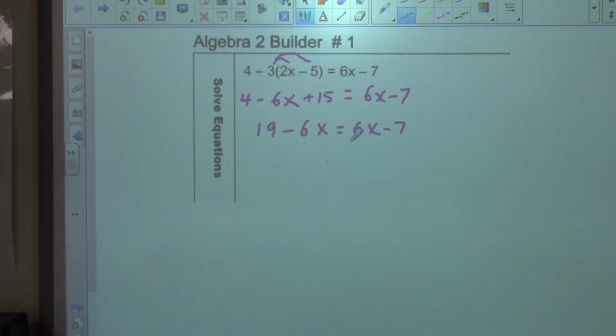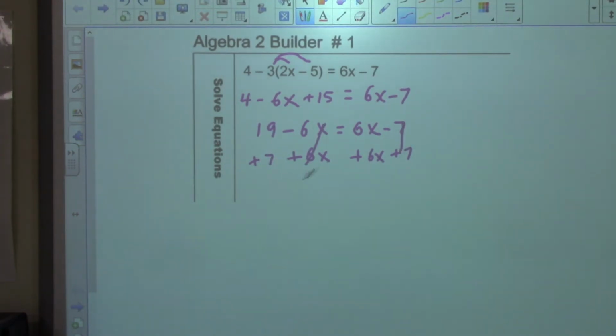Okay, and then I'm going to try to solve for x over here. So what I'm going to do is add 6x to both sides, like this. And then I'm going to get rid of the 7 by adding it here and adding it here. And so that goes away and that goes away.